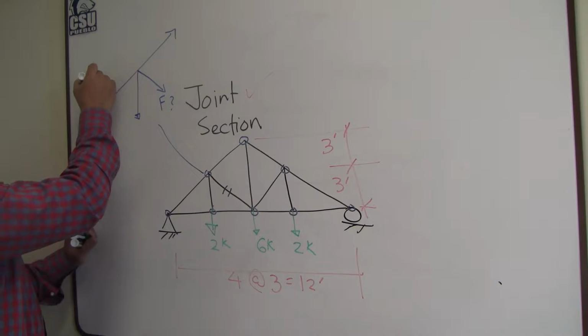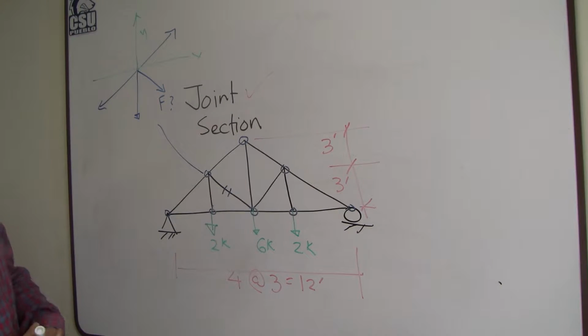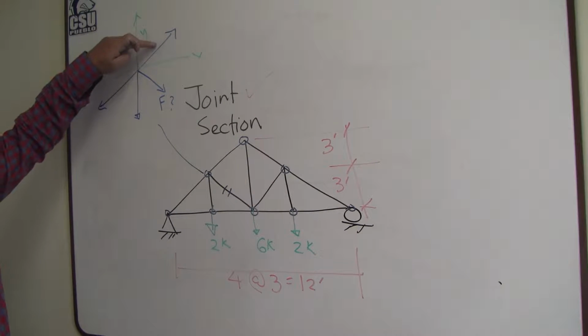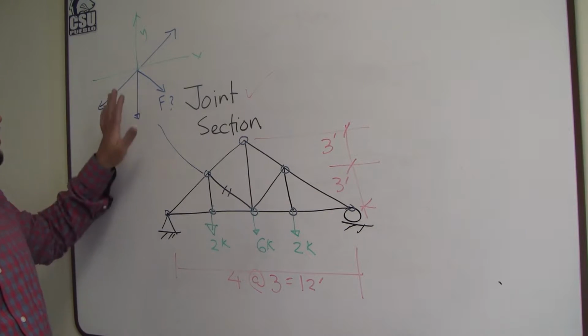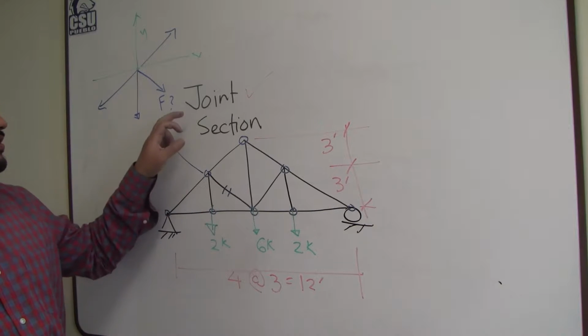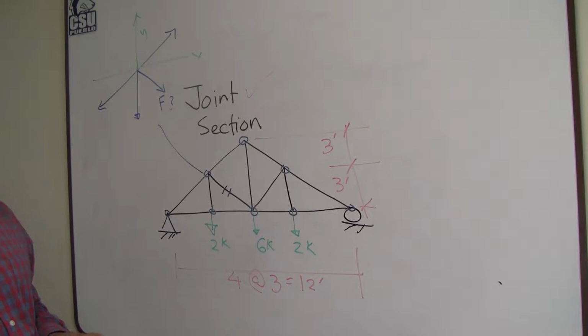If I draw the x-axis and y-axis, then you can see my unknown is this force I do not know, this force I do not know, this force I do not know. So it's very difficult if I use joint method. If I use section method, maybe it is very easy.